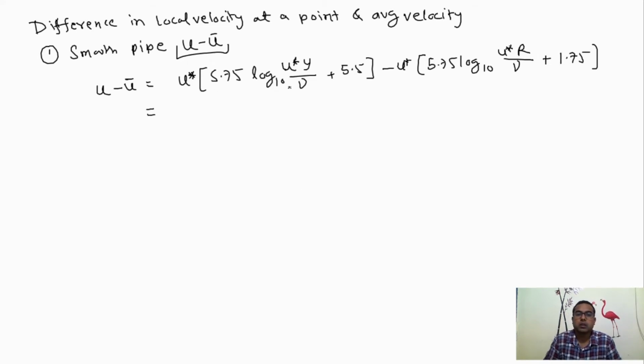So here you can see that u star is common, and 5.75 is also common with log base 10.